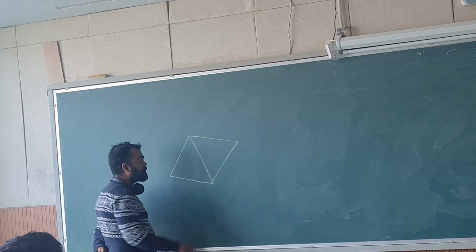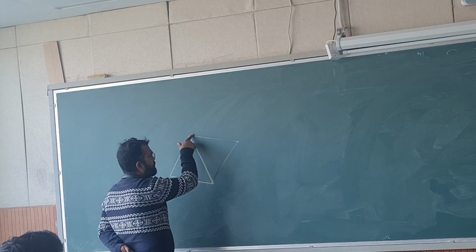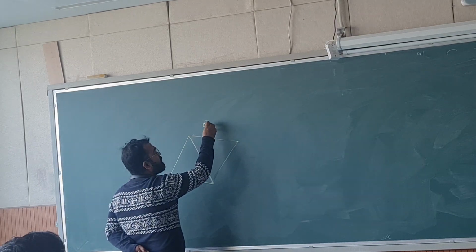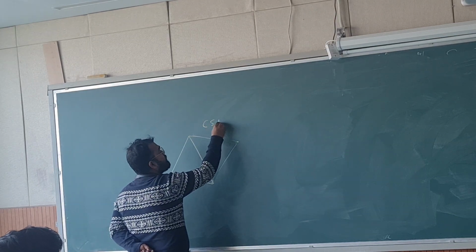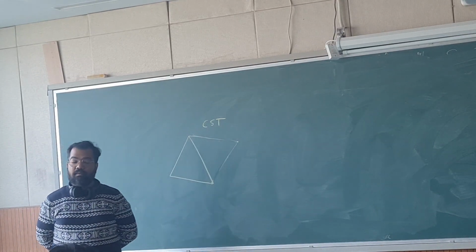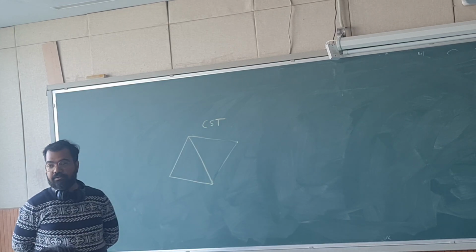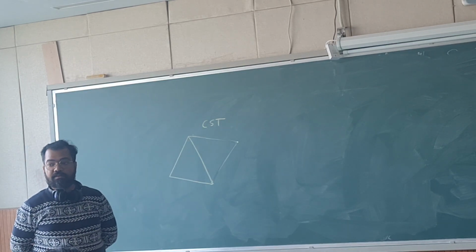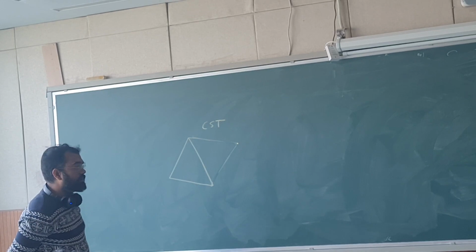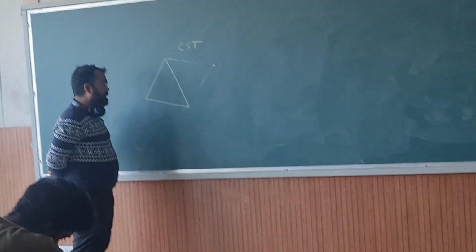There are some problems with this element, and that's why it is called the constant strain triangle element, CST element. The reason is that the strain within the element cannot change. It cannot vary, it remains constant. So that's why the name is like that.